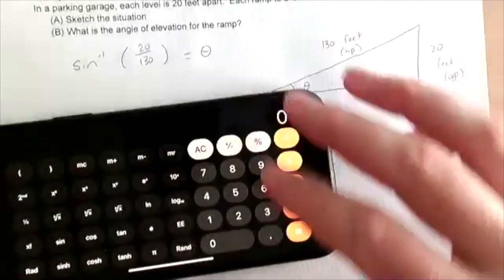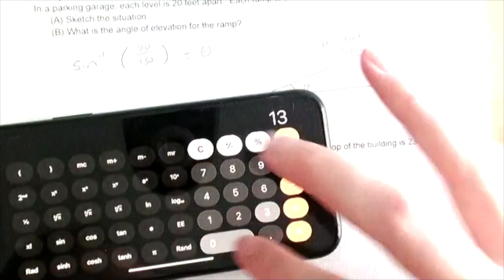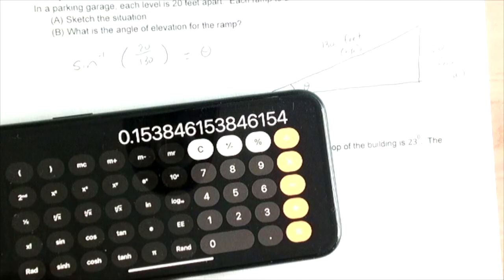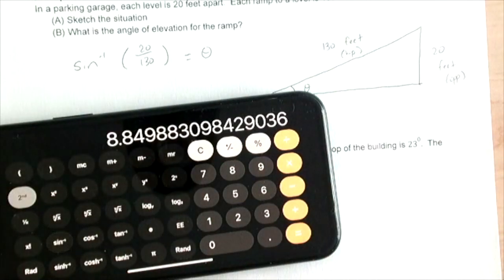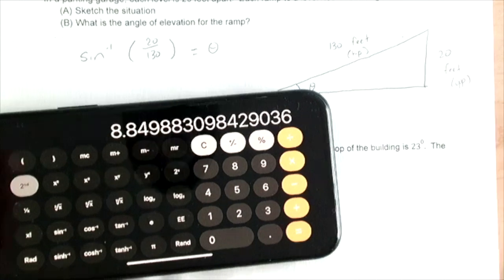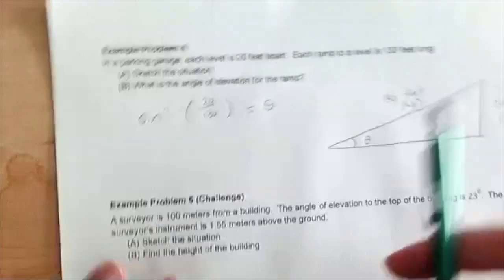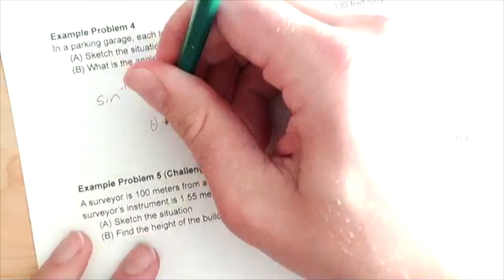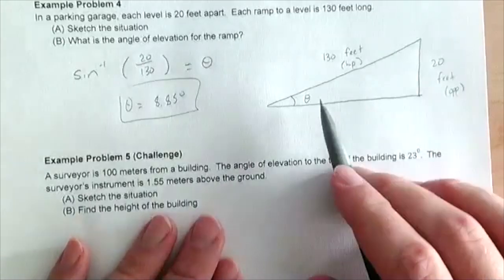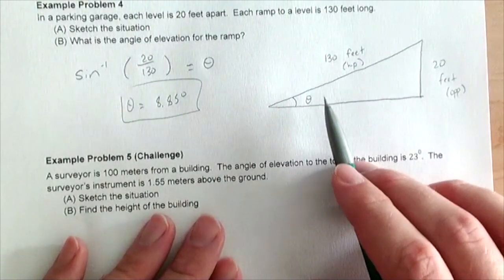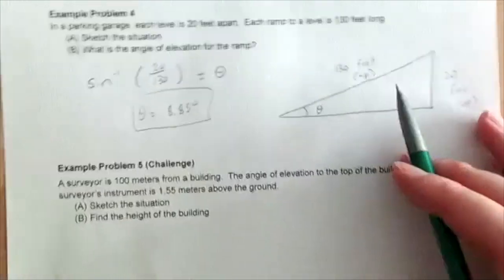The ratio between opposite and hypotenuse is 0.154. And we'll do -1, and it's going to be 8.85. So maybe my drawing isn't perfectly to scale, but that part doesn't matter too much. This is a really thin angle, right? Only 8.85 degrees. Okay, excellent.